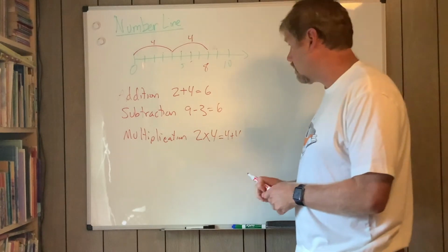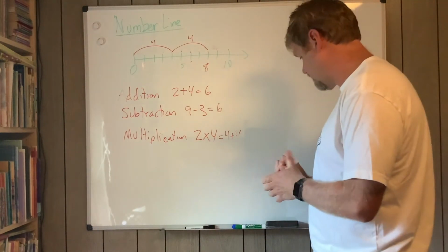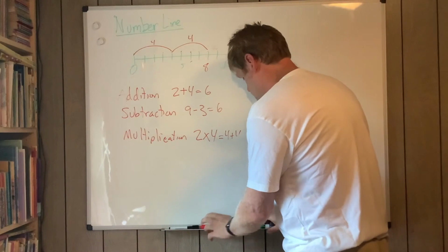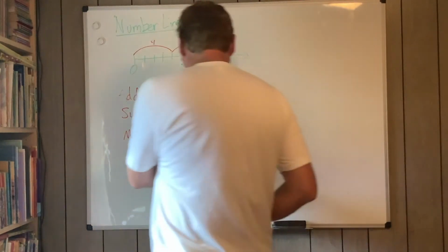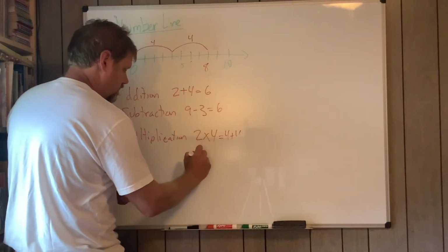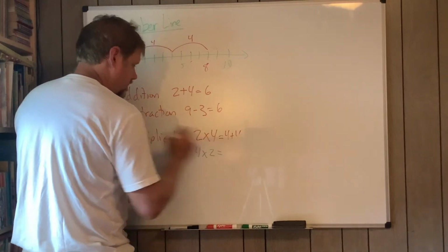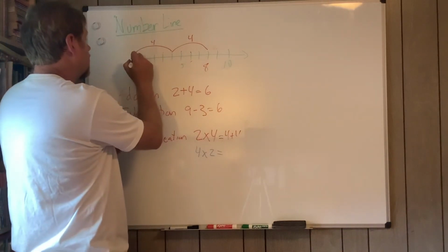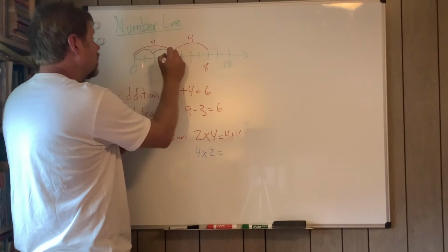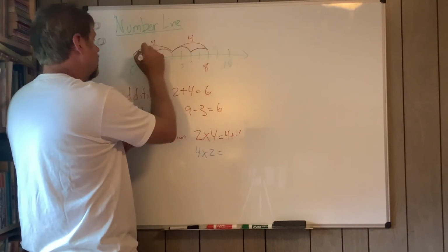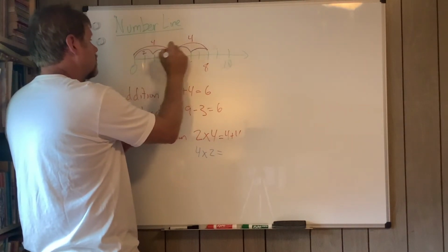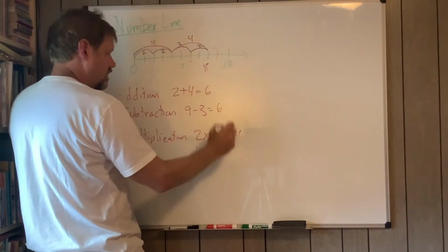Now I'll go ahead and put this on the same line. Right, I can also think about this as 4 hops of 2. What we're going to do is think of it like this. I'm going to do 1, 2, 3, 4, right? 2, 2, 2, 2.